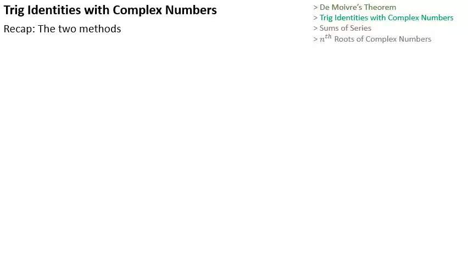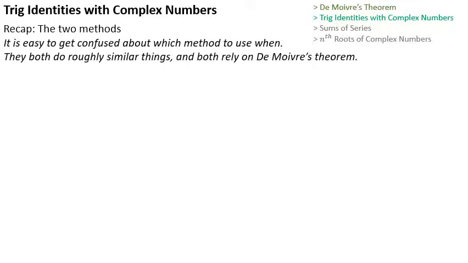But I think it's helpful to spell it out a bit more clearly and look carefully at the 2 different methods that we're applying. It is very easy to get mixed up. Essentially, they're both a consequence of De Moivre's theorem in one way or another, and they're both methods for constructing trigonometric identities that connect multiple angle forms with powers of sine and cos.